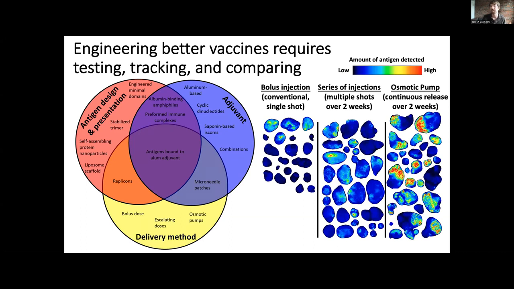So the bluer end of the spectrum indicates low levels of antigen, and the redder end indicates more antigen. And this was a real life changer for me because it let us see right away that there were interesting differences between the samples from each of these different methods of vaccine administration. So as you can see here, there seemed to be much more antigen getting to the lymph nodes when we deliver the vaccine slowly over time compared to the single shot.